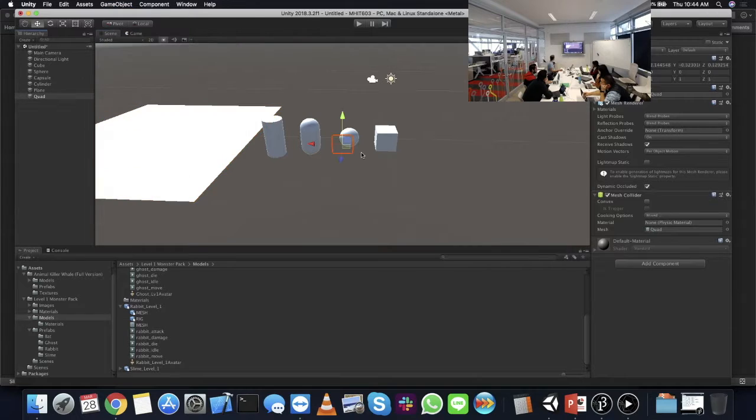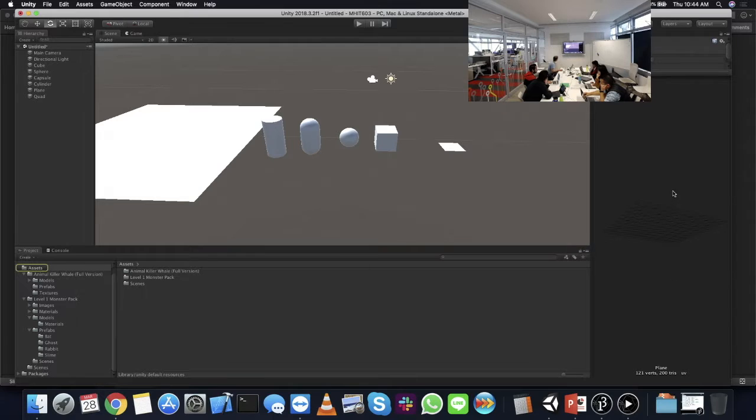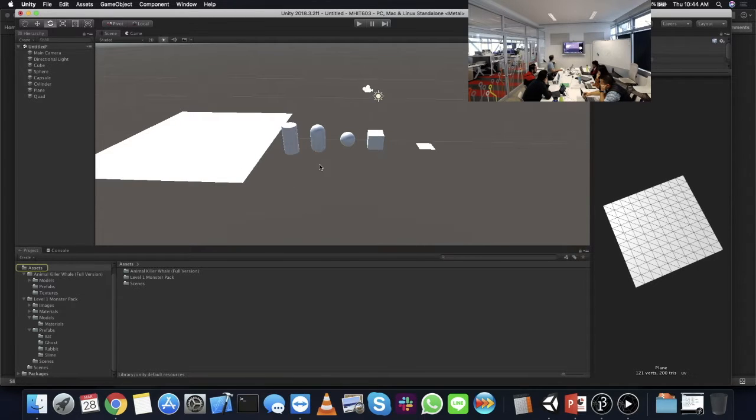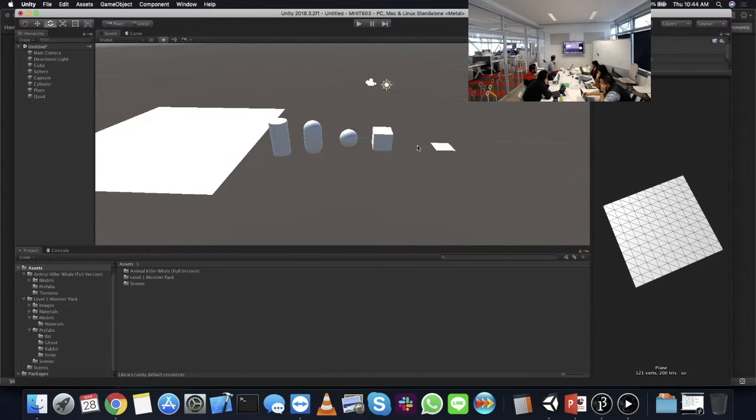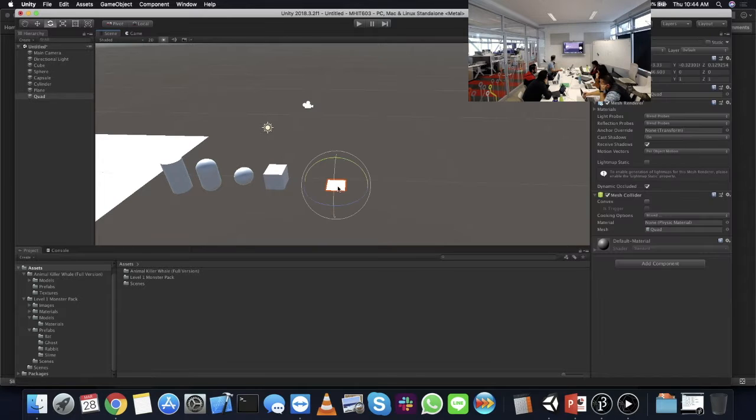And we have quads, which is also just a flat surface, but this one's only made of 4 vertices, so the 4 corners, whereas this one's actually made up of more than 4 vertices if I rotate this around. So for example, if we look at our quad here, we didn't really go into too much detail about this on Tuesday, but we talked about how we have game objects and they have components attached.